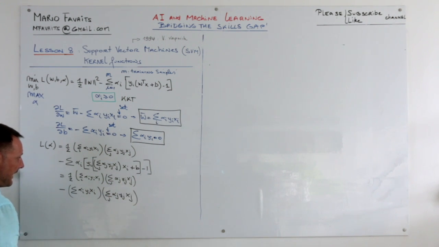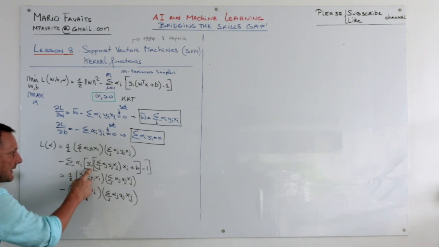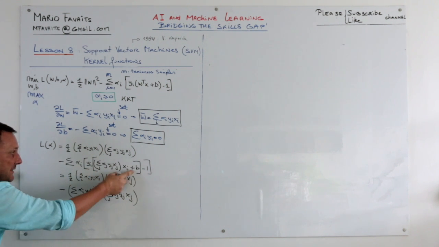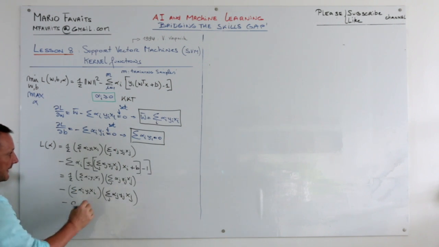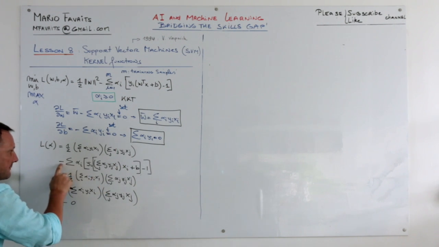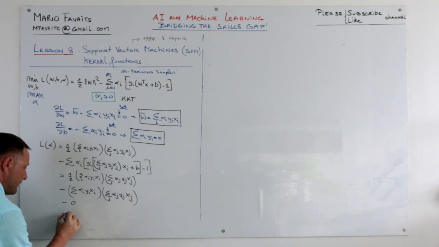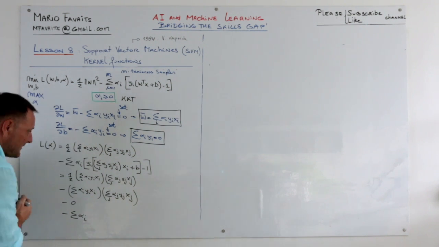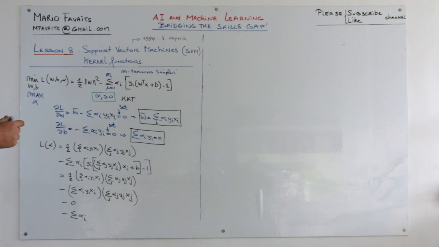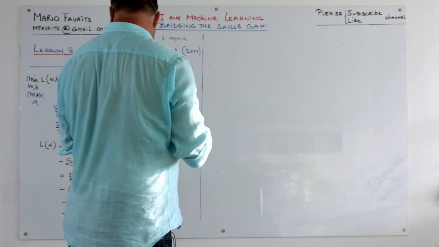Then I have the term alpha i, yi times b, but the sum of alpha i, yi is 0, so I have 0. And for the last term, this minus and this minus become a plus, so we just have the sum over alpha i. Let us now rewrite this.